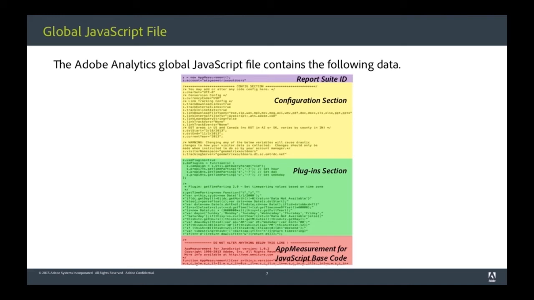Then at the bottom of this file, we place the Adobe Analytics base code. This is the JavaScript code that actually wraps up all the data, compresses it, and fires it off to the Adobe Analytics server. With both of these sets of code, we have a lot of flexibility in pulling data from our website.